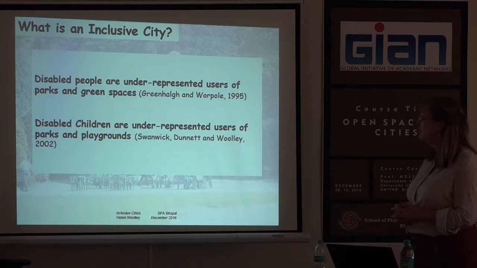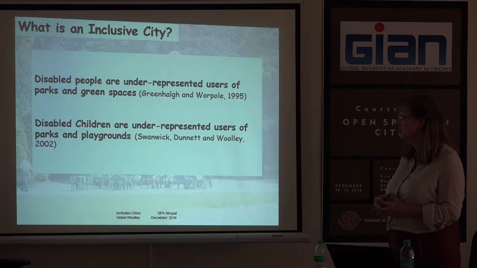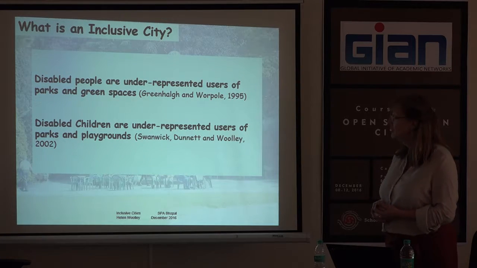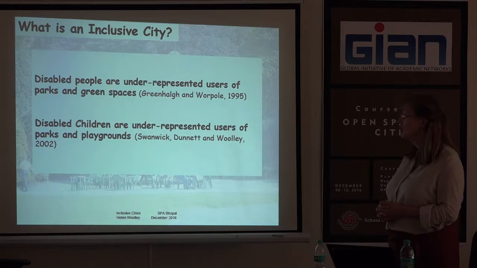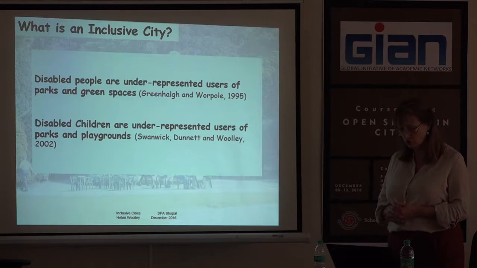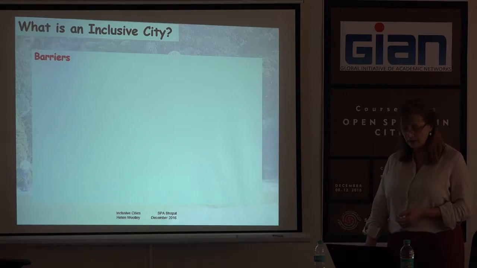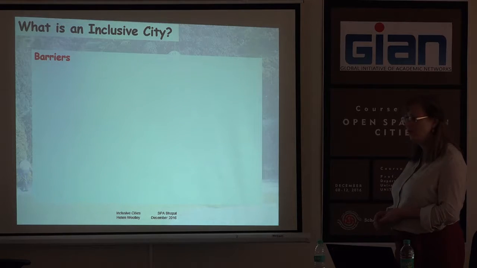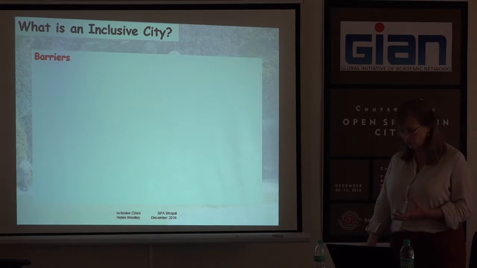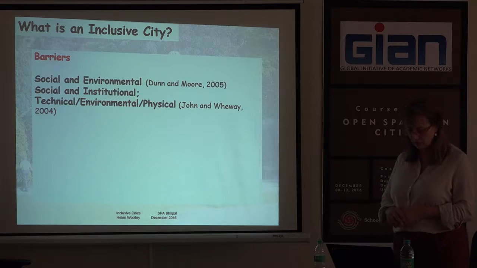We also know from work that we did feeding into the government's Green Space Task Force that disabled children are underrepresented users of parks and playgrounds in our country. So we begin to have to unpick why this is, and we call those things barriers. So what are the barriers?